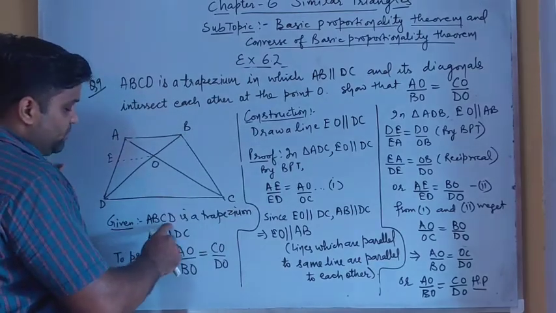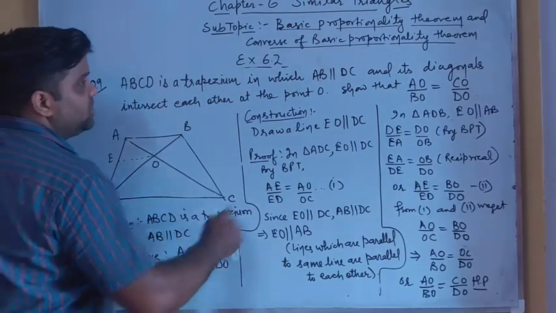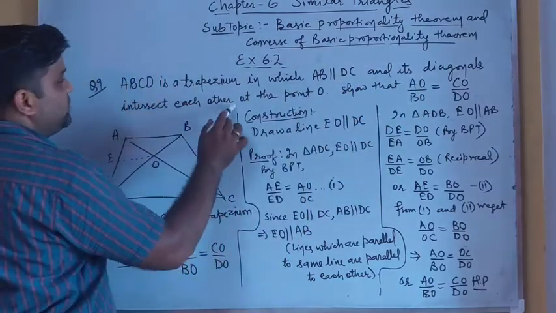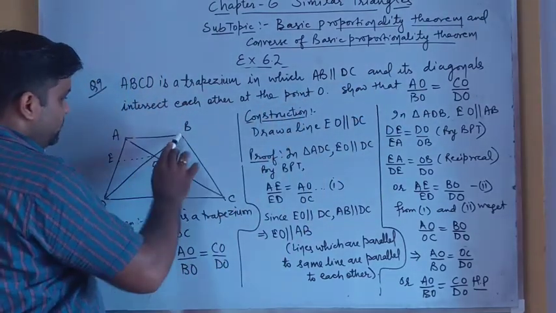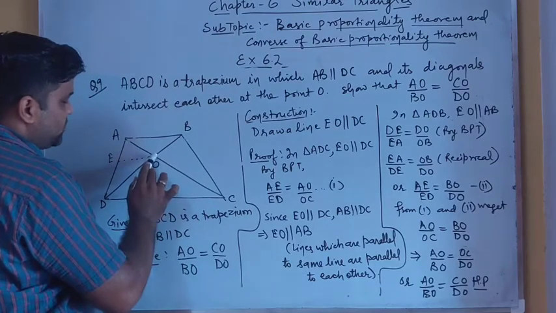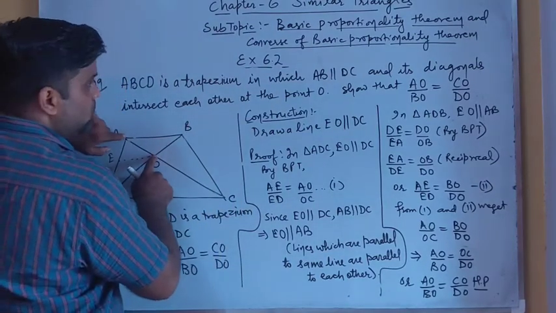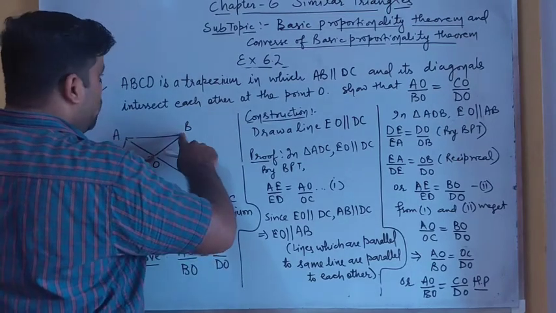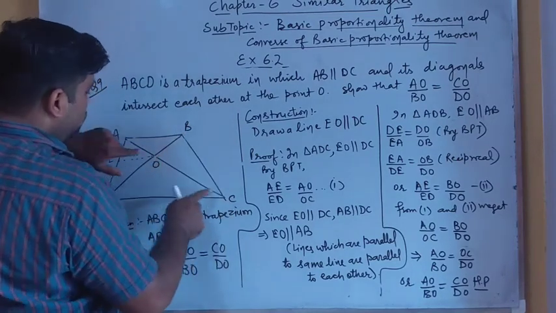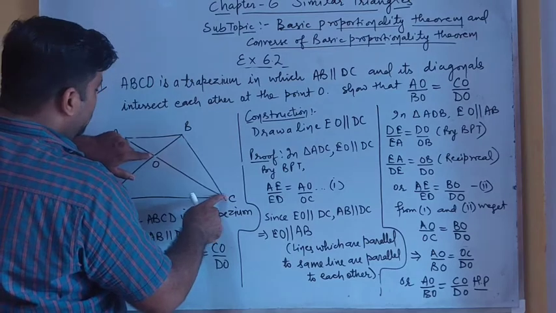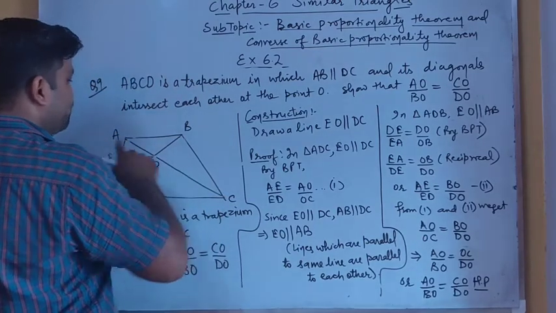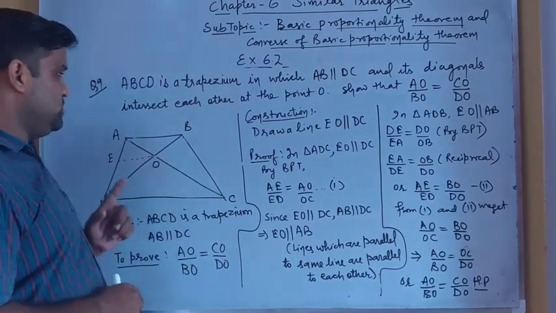So in the given we write ABCD is a trapezium, AB is parallel to DC, and its diagonals intersect each other at the point O. So here DB is the diagonal and AC is the diagonal which intersect each other at point O. We have to prove AO by OB is equal to CO by DO.